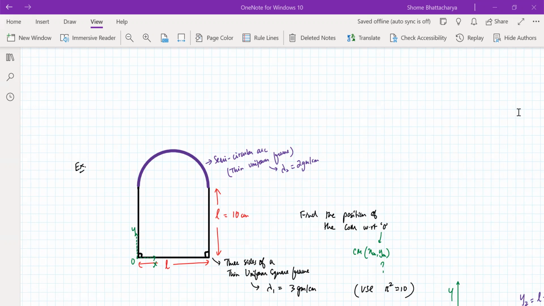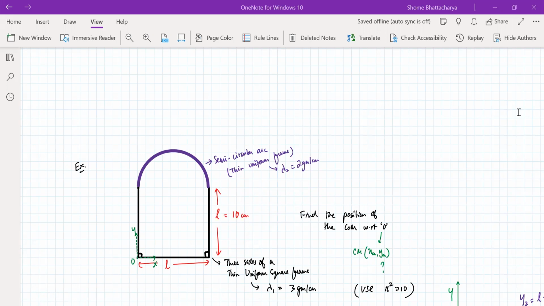Now the semicircular arc is made of a different material, so its mass per unit length, lambda 2, is 2 grams per centimeter, whereas the square frame below is made of a different material and its mass per unit length, lambda 1, is 3 grams per centimeter.